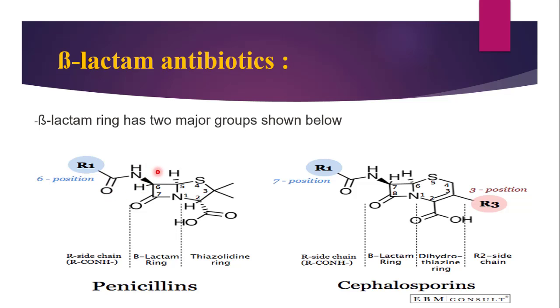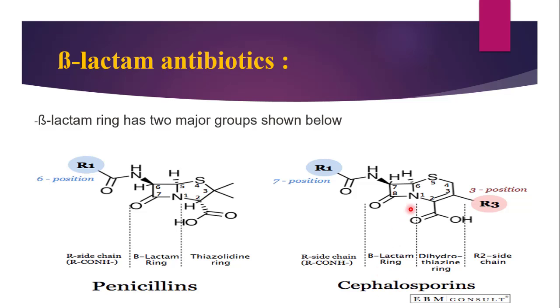Here you can see this will be common: from here till this, this is the free carboxyl group, COOH, which you can observe, and at the 6th position. How is the position 6th? If you start the numbering, nitrogen 1, 2, 3, 4, 5, then 6 and 7.